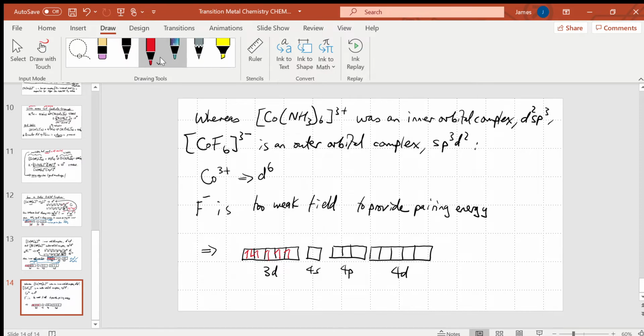And then my lone pairs are going to use sp3d2. So this is my s, 3 p's, and then 2 d's. They're going to go in here.